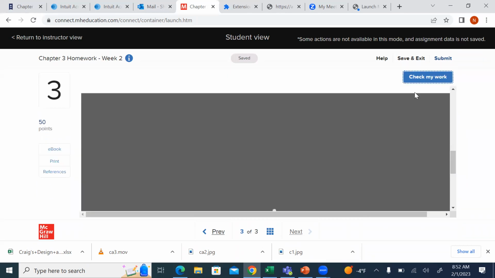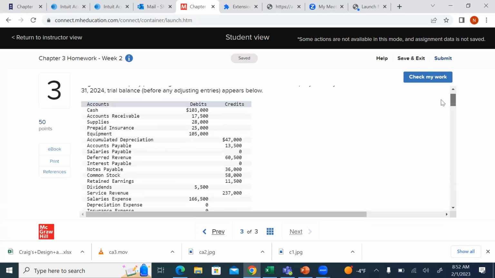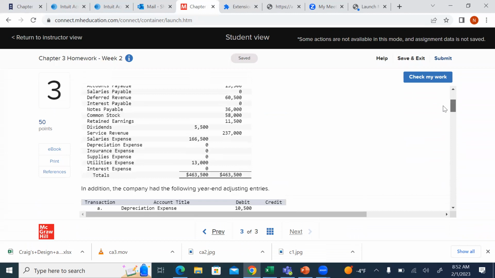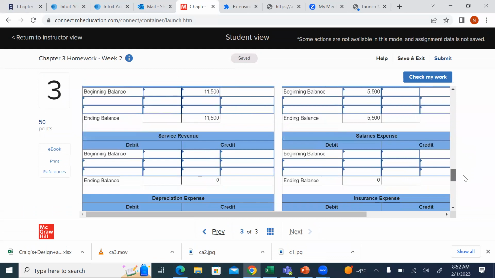Because guys, we're human. When we're dealing with numbers, it's going to happen. Retained earnings, dividends I did. Service revenue, 237,000. Service revenue, a credit, 237,000.